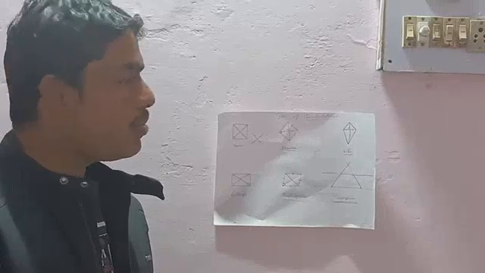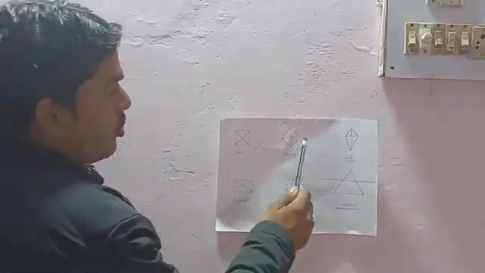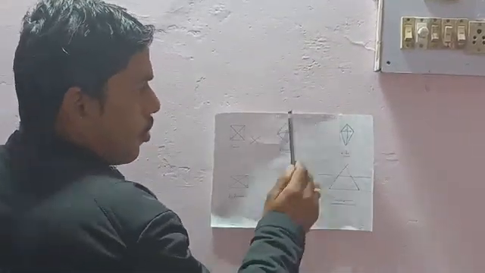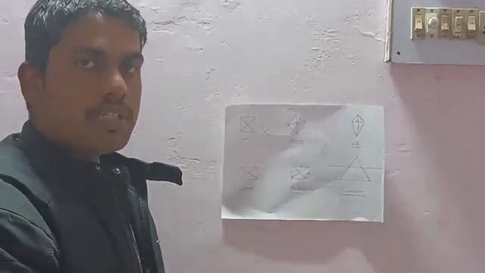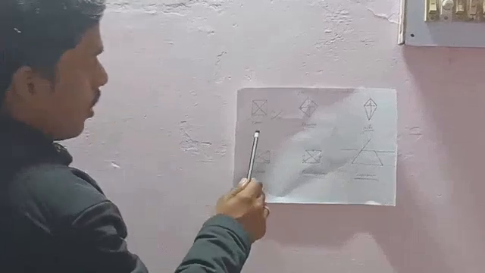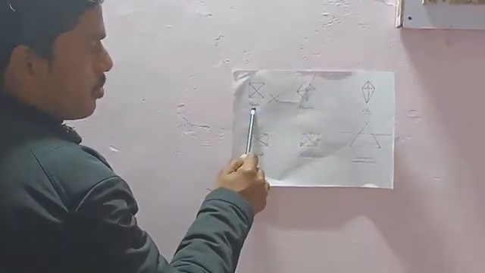Today I am going to teach you about quadrilaterals. A quadrilateral is a combination of four sides, in which the first shape is the square.